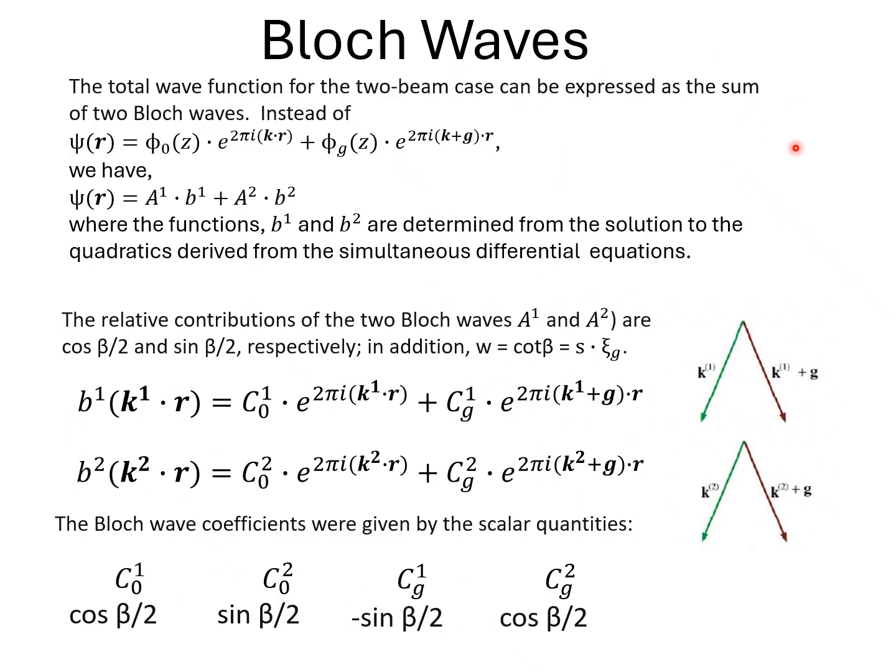So how does this work out formally? Well, we go from representing the wave equation in the crystal, as I showed you initially, by this, to now being represented by a sum of Bloch waves with different multiplying factors.